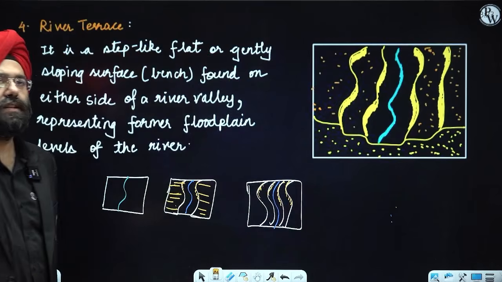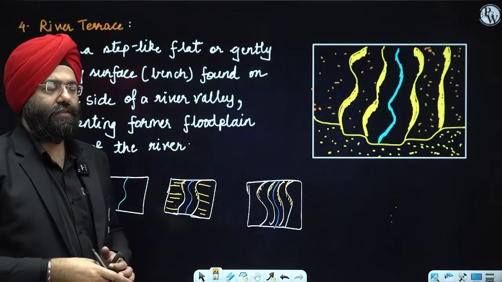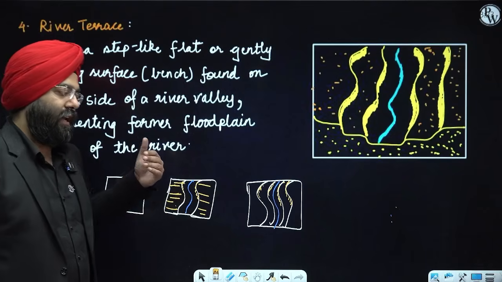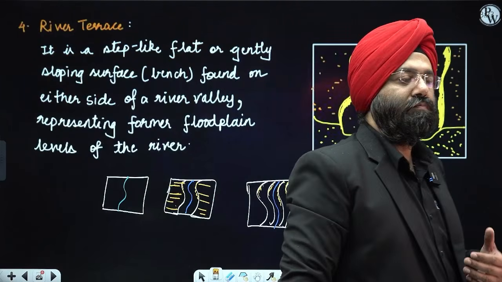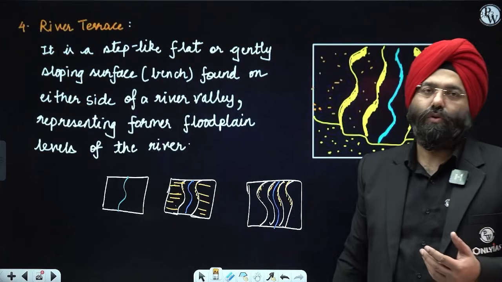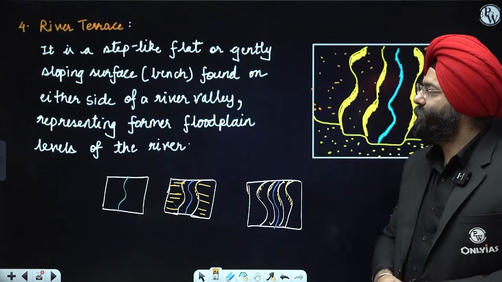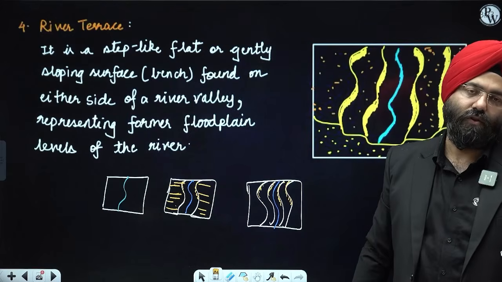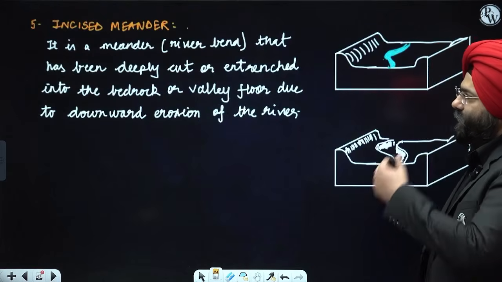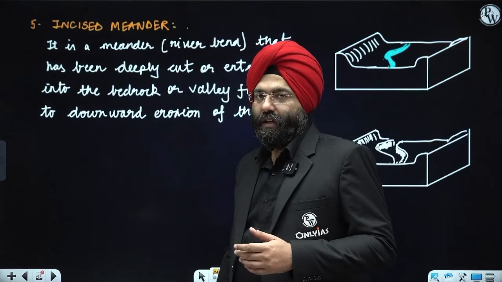So such piers are created. This is because of the erosional activities and the meandering action or zigzag movement of the river. And along with it, as the base level moves down, that provides more energy or potential for a river to erode the ground surface more, and that is why it will move down and such terraces will be created. So on either side such terraces are created. These are known as river terraces because of the erosional activities. Next, incised meanders. Now you know very well what is meandering of a river.